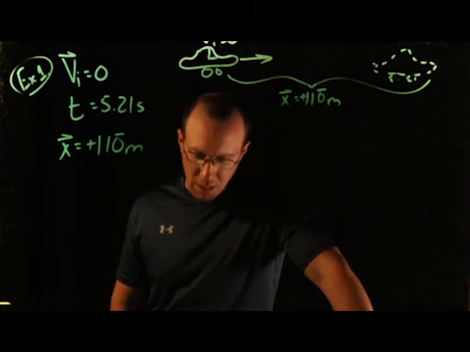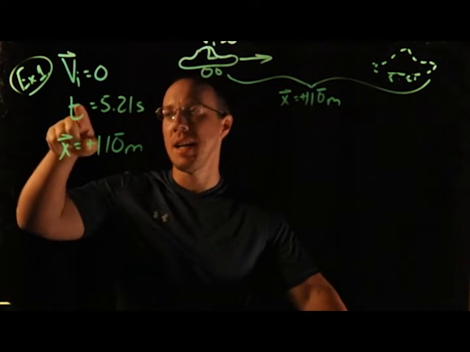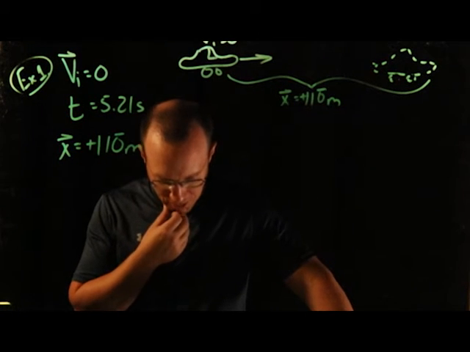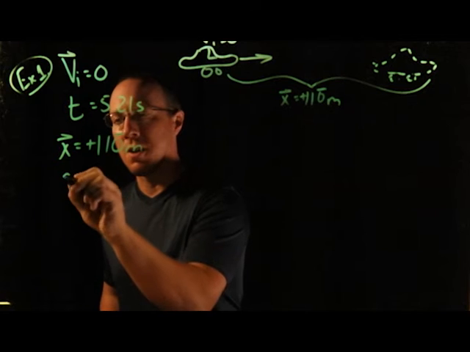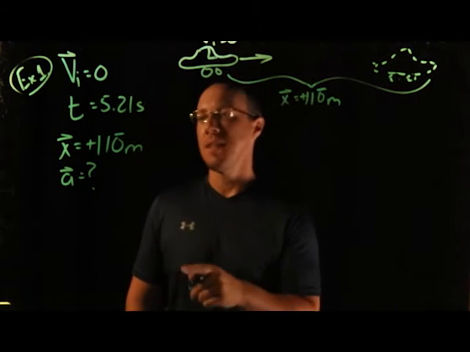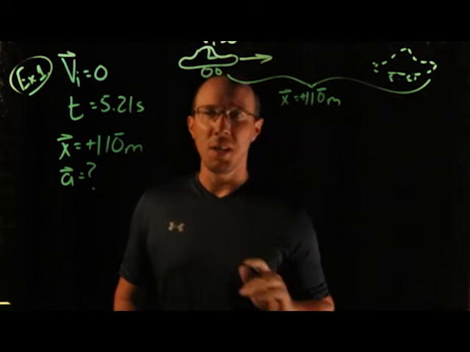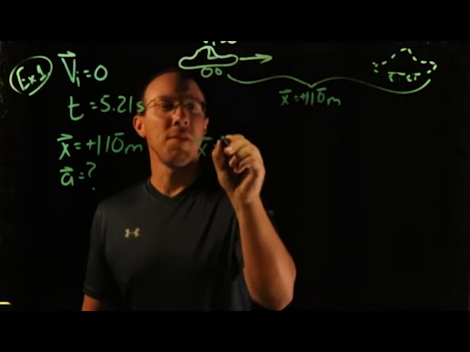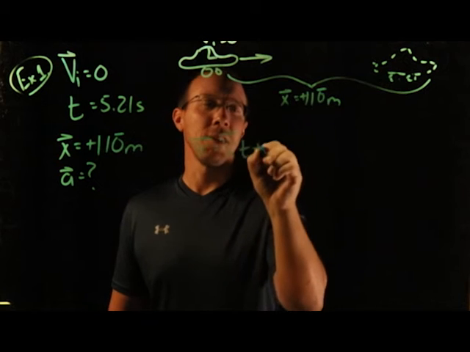All right, so we have v_i, t, x, and we are looking for, it says, determine the acceleration of the car, a. So v_i, t, x and a, if you look through the equations, you'll identify the third equation as the correct one to use.